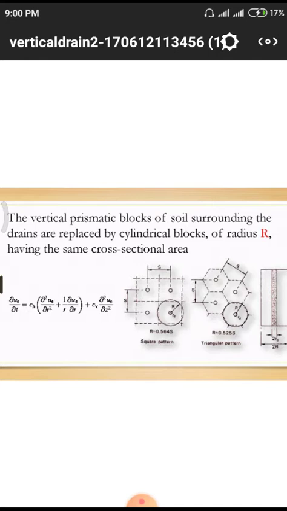Due to the drain radius, the total water will be collected into the borehole according to the radius. If the radius is more, automatically more quantity of water will be collected. If the radius is very small, less quantity of water will be collected in the hole. So we need to take these physical parameters and soil parameters whenever we are applying these kinds of loads onto the structures.